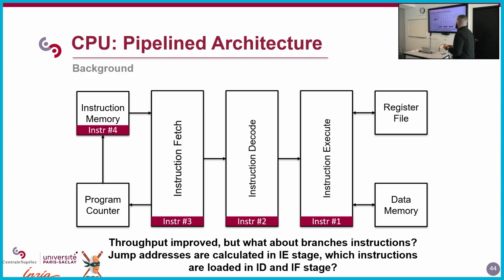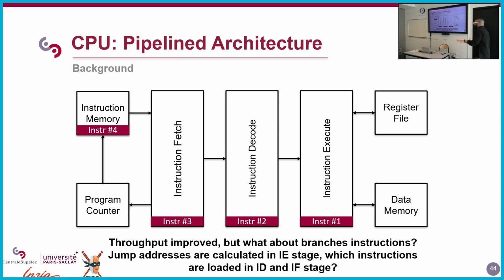We can execute instruction number 1. Meanwhile, we can decode instruction number 2. Meanwhile, we can fetch instruction number 3, and we are ready to put instruction number 4 into the process too. So we are pipelining, improving performance, of course.